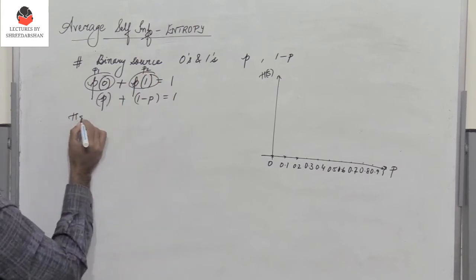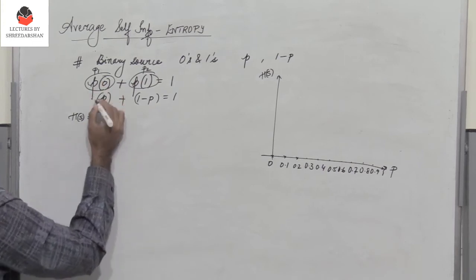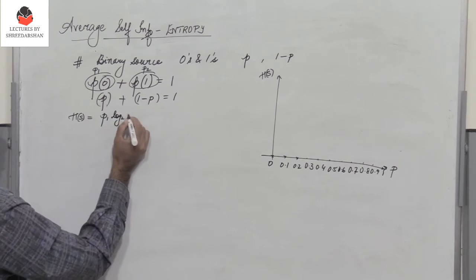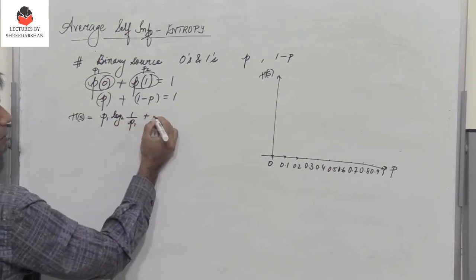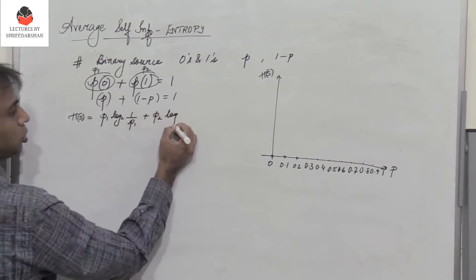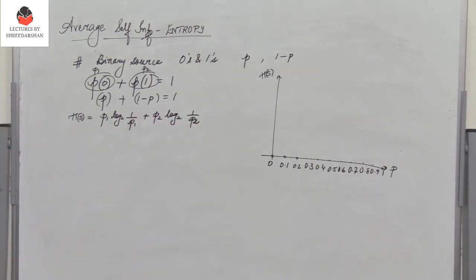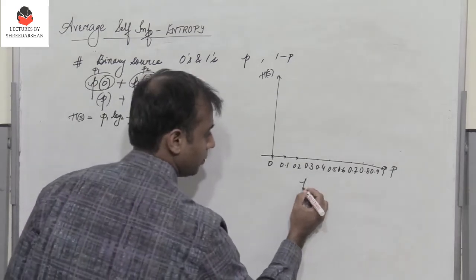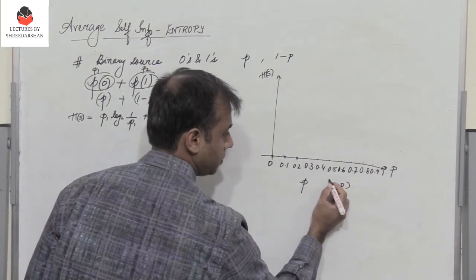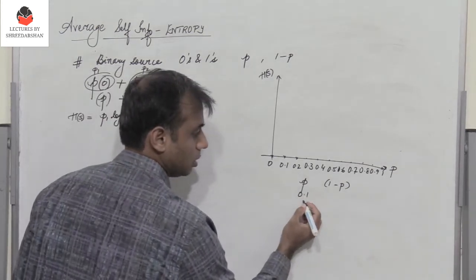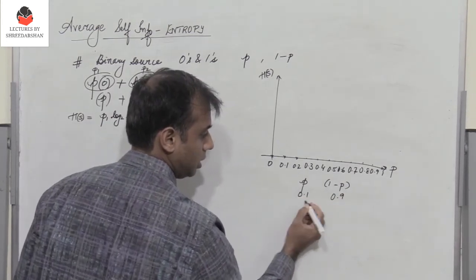So what is entropy? Entropy H of S is the probability of the first symbol p1 into log base 2 of 1 by p1 plus p2 log base 2 of 1 by p2. Alright? Okay. So now let us consider different values. I have p, I have 1 minus p. Observe, if p is 0.1, 1 minus p is 0.9.